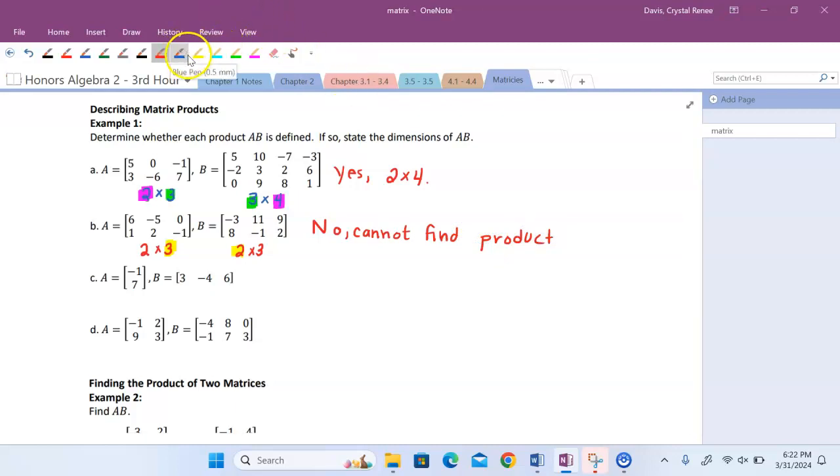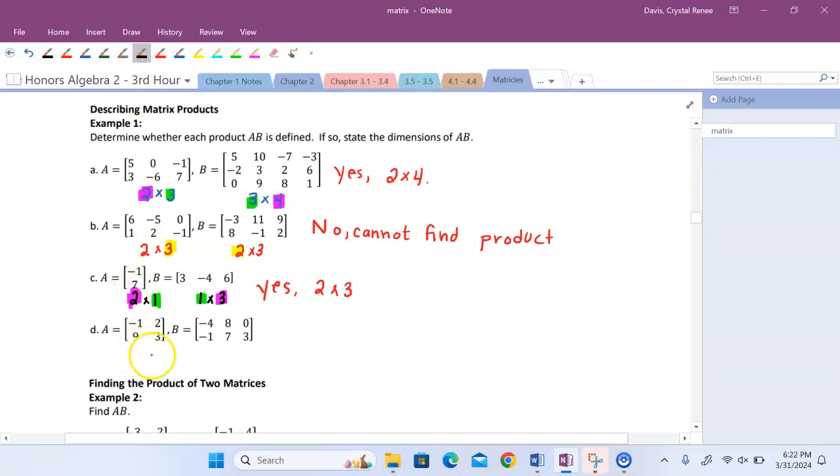All right, let's look at C. The dimensions of C: this is a 2 by 1, and this is a 1 by 3. To check if we can multiply them, this and this must match, which they do. Because those two match, I can multiply them, and the product will be a 2 by 3 matrix.